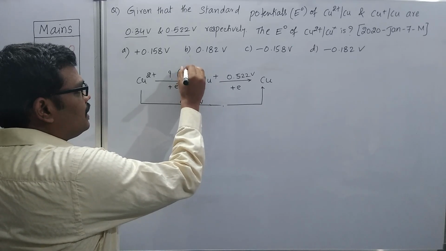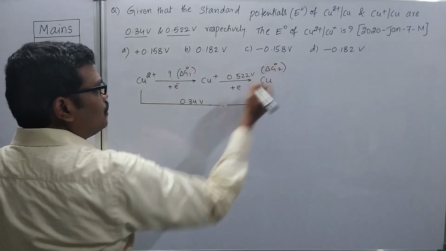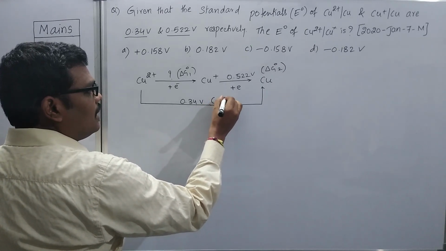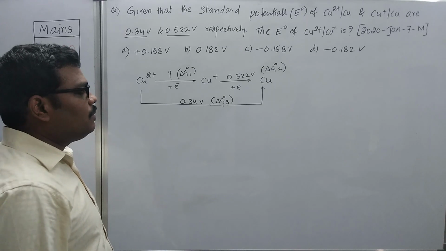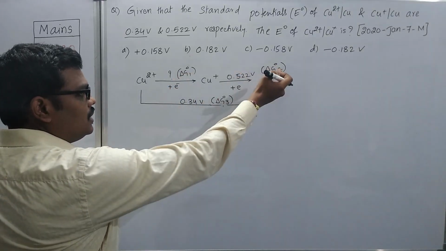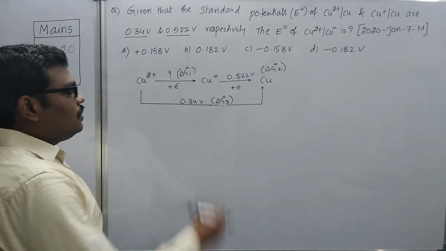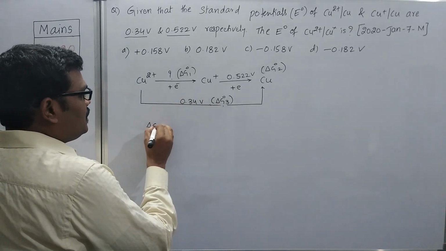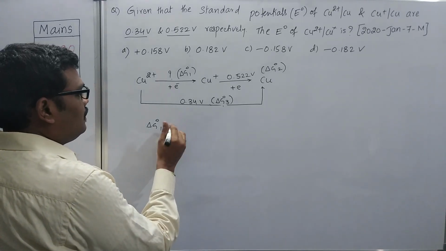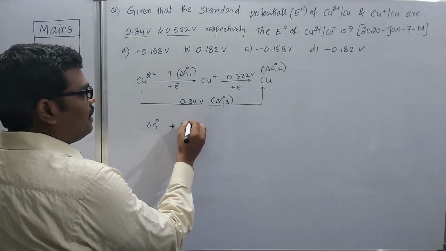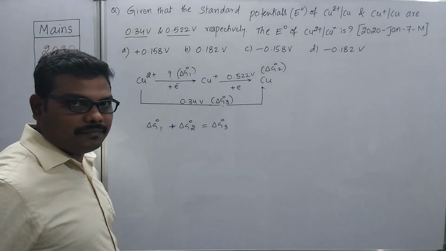This is delta G01, this is delta G02, and this is delta G03. Tell me what is the relation between delta G01, delta G02 and delta G03. So here delta G01 plus delta G02 is equal to delta G03.